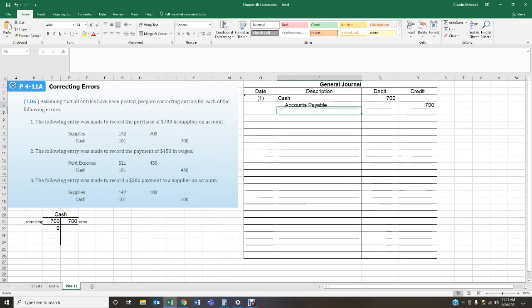And then the explanation: to correct error in which a purchase of supplies on account was credited to cash.